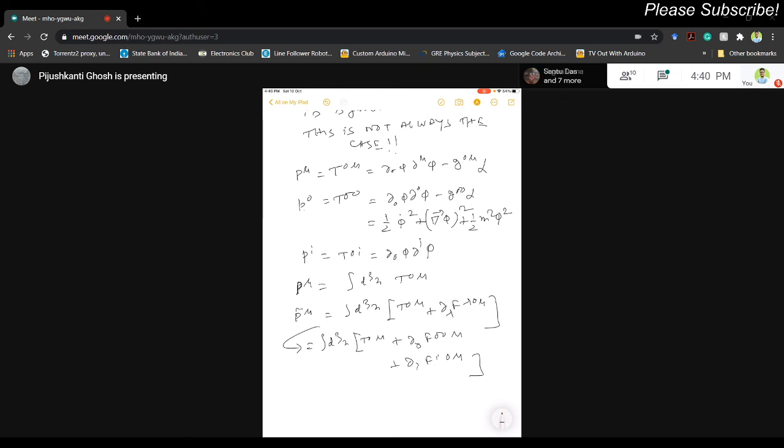In general, we'll consider something like F lambda gamma mu, and we'll assume the property that F lambda gamma mu is minus F gamma lambda mu, antisymmetric in the first two indices.